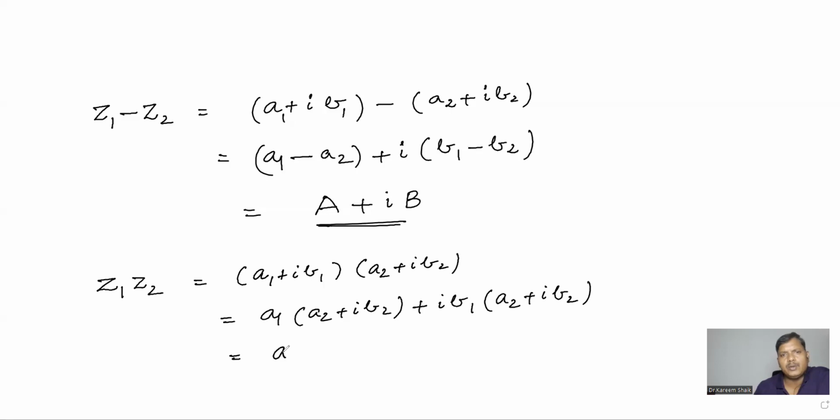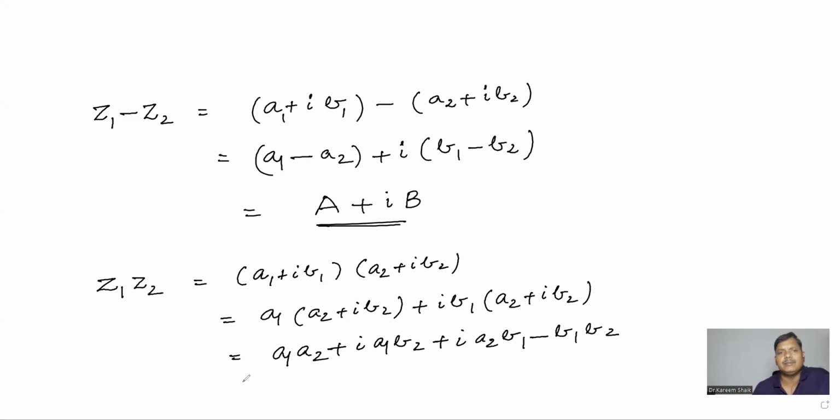So A1 A2 plus iota into A1 B2 plus iota into A2 B1 plus iota into iota square. Iota square means minus 1. So negative into positive, negative B1 B2.